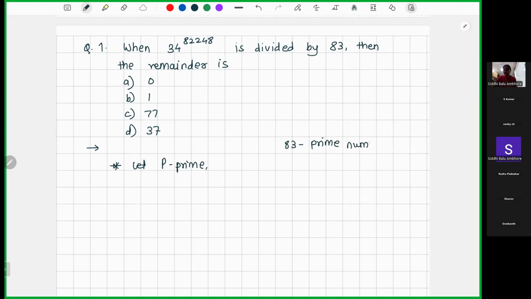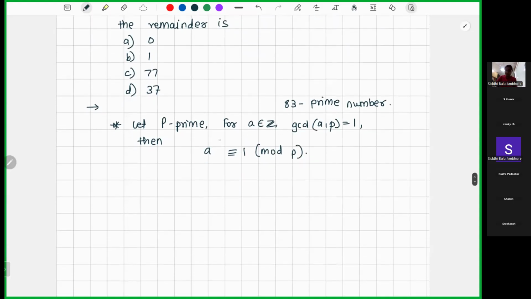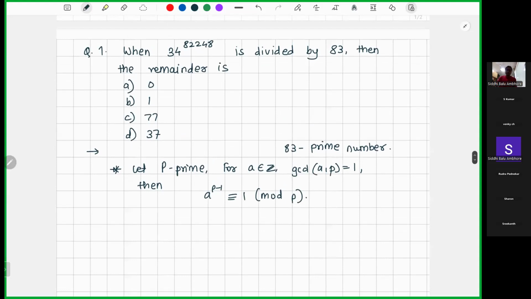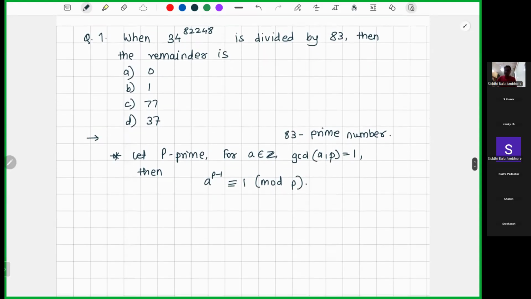If P is prime and for a in Z, if GCD of a comma P is 1, then a power P minus 1 is congruent to 1 mod P. Here my P is 83 and a is 34.